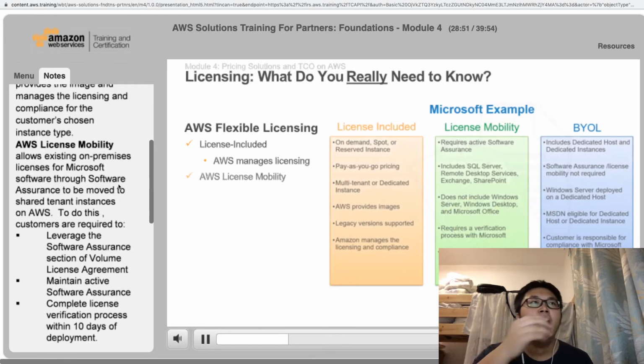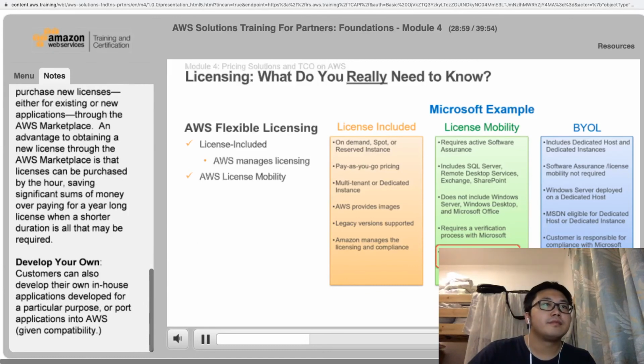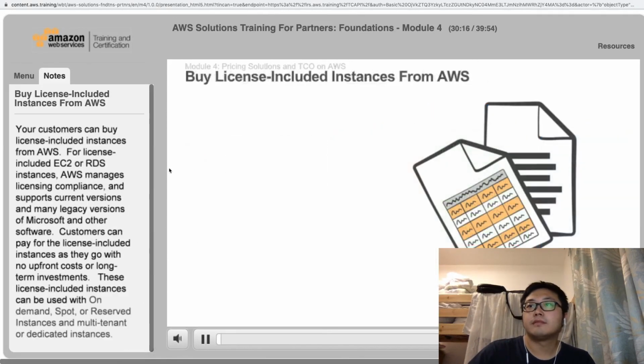AWS License Mobility allows existing on-premises licenses for Microsoft software through software assurance to be moved to shared tenant instances on AWS.